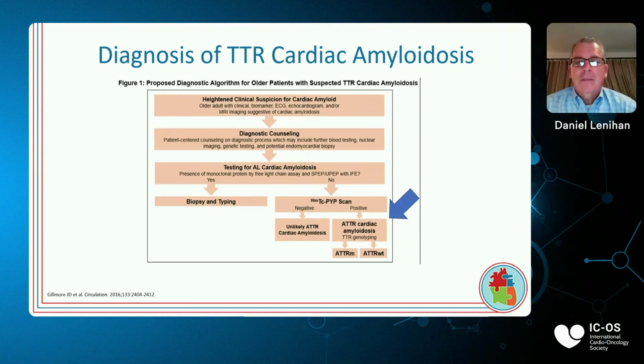And honestly, I would say if you've excluded AL by the serum protein testing that Dr. Starkle-Goldstein presented, and you're pretty convinced or very suspicious or definitely sure that they have some form of amyloidosis, at that point, you really should do genetic testing 100% of the time. And, bottom line is that there's a number of patients out there that may have a genetic mutation, but if it's never measured or if it's never tested, there's no way you're going to know it.